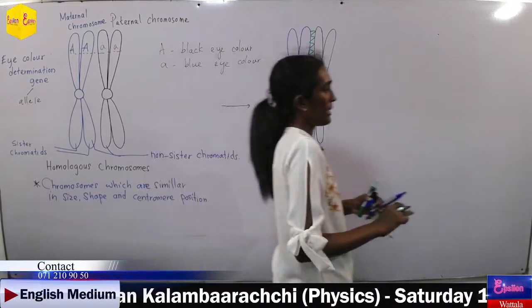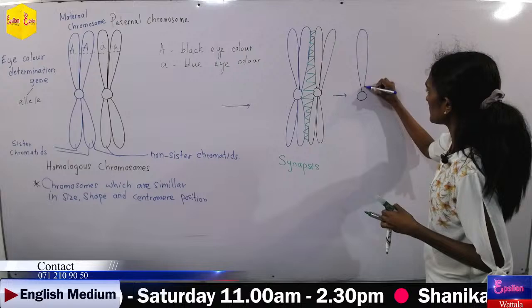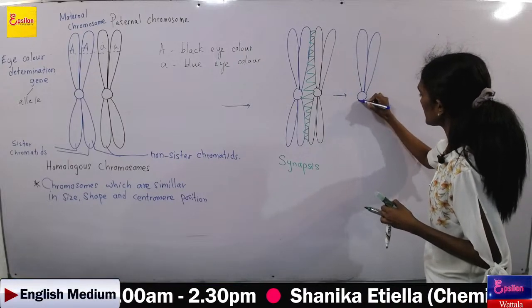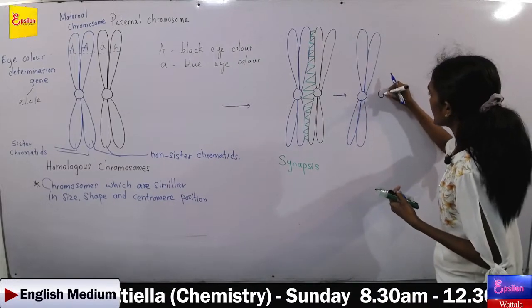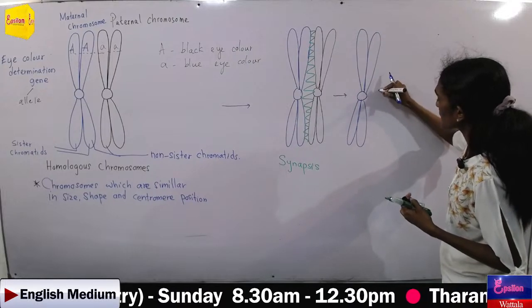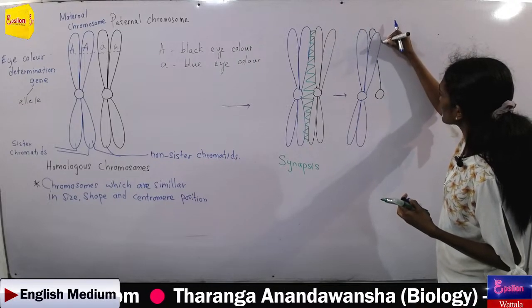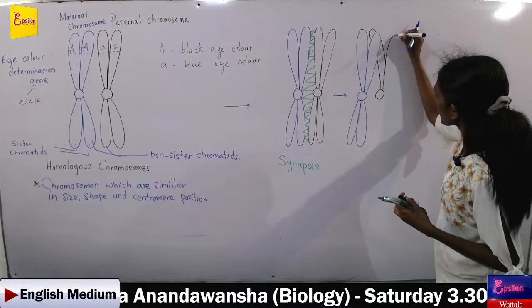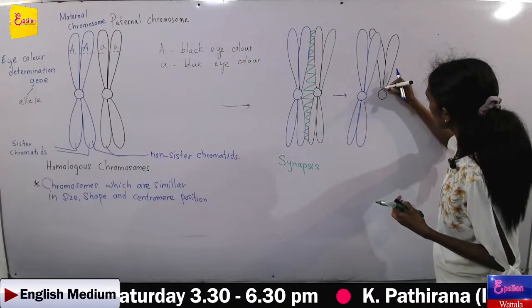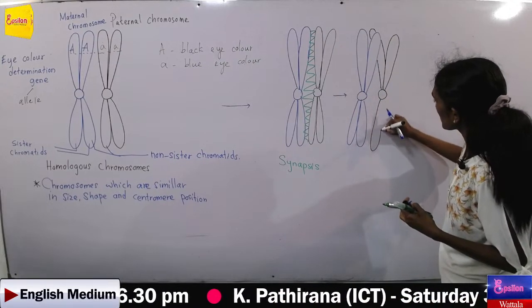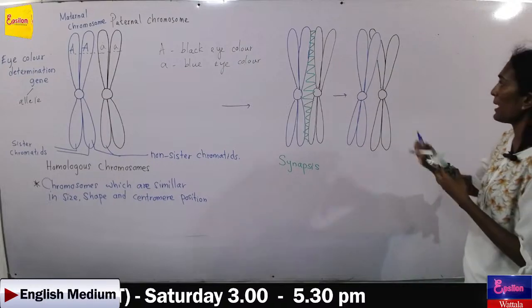Okay. Then I'm coming to the next one. At this point, they are going to entangle their chromosomal arms, till they are attached.